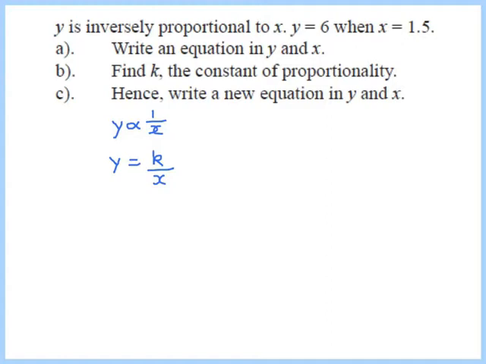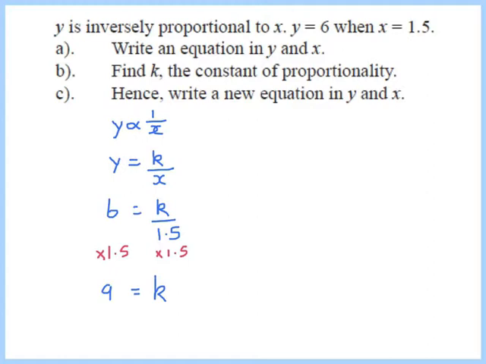So let's put the numbers in. We've got y is 6 and k is k because that's what I'm trying to find, and x is 1.5. That goes on the bottom. So when I wanted to find that value of k this time, I just need to get that 1.5 off the bottom. So I'll times both sides by 1.5, do the same to this side, and that will give me that 6 times 1.5 is 9, and that must be the value of k.